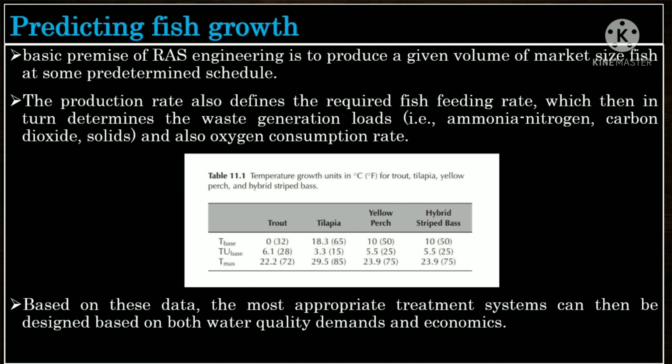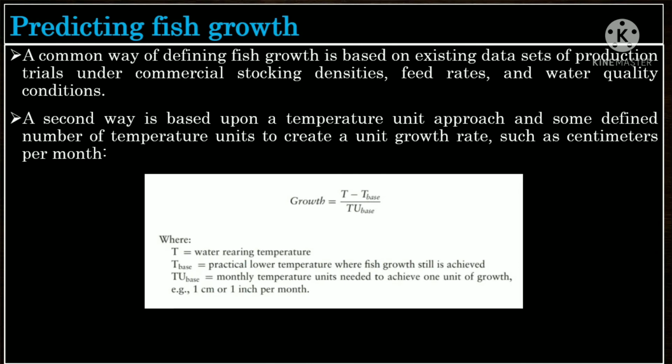Based on this data, the most appropriate treatment system can be designed based on both water quality demands and economics. So a common way of defining the fish growth is based on the existing data sets of production trials under the commercial stocking densities, feed rates, and also the water quality conditions.